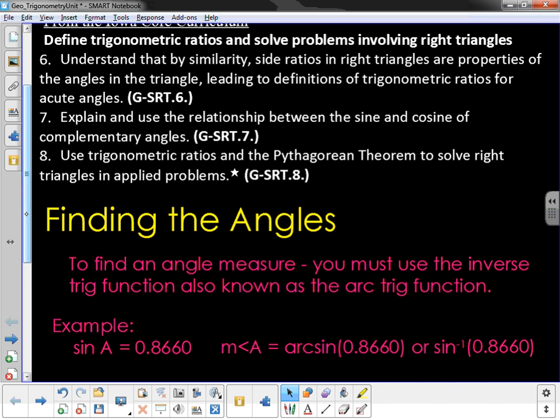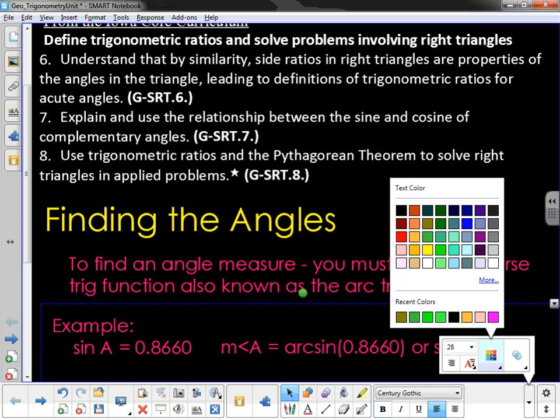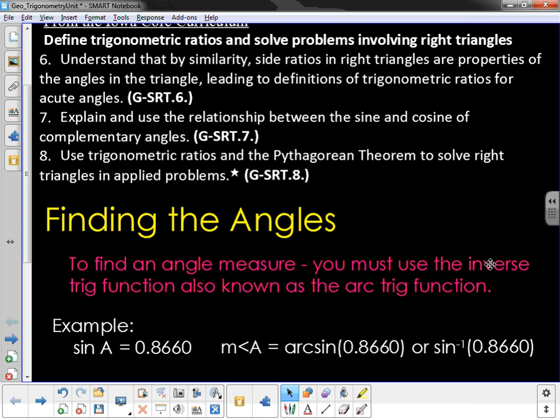So here's an example of what we might look at. We have the sine of angle A is 0.8660. If I want to find the measure of angle A, I will do the arc sine, or sine to the negative 1 power.